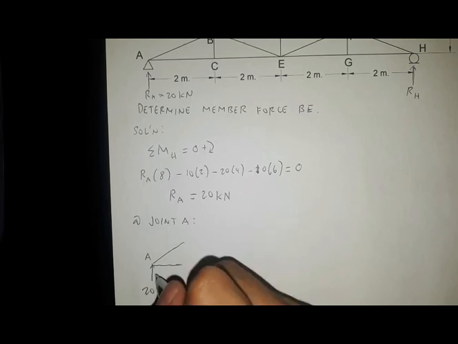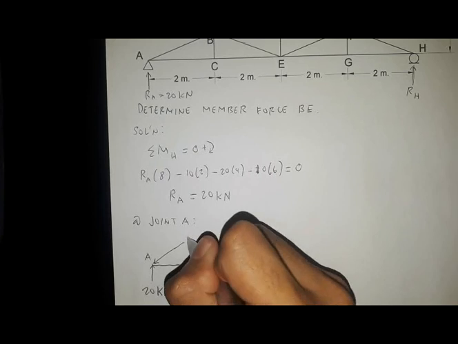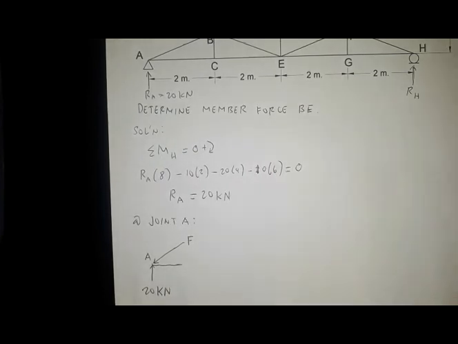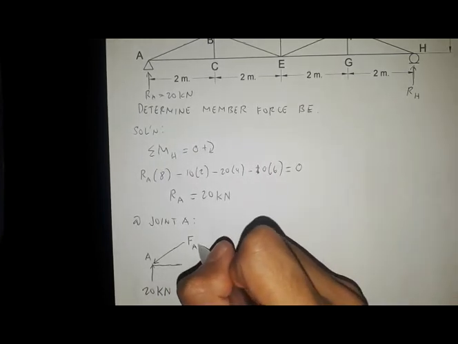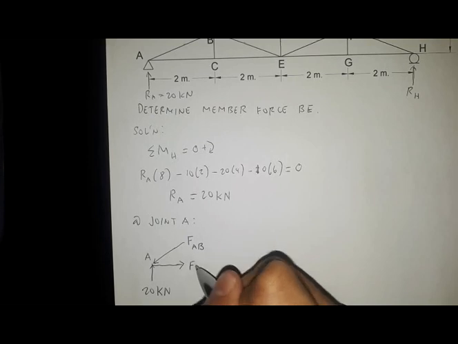So here we have the force of member AB. So the arrow is directed towards the joint, therefore it is assumed as compression. Then we have the force at member AC.